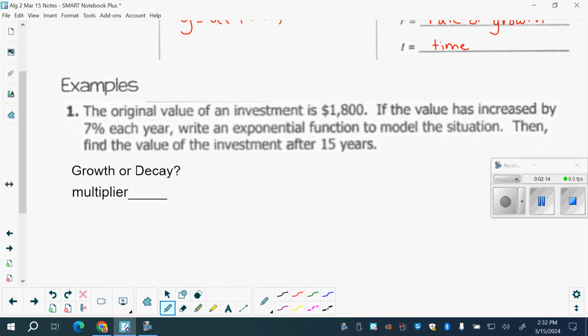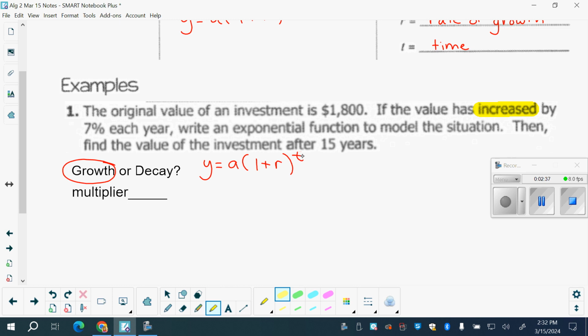Increase. So this is our key word that tells us it's growth. We'll talk about the multiplier in a moment. So we're going to use our formula, a times (1 plus r) to the t.